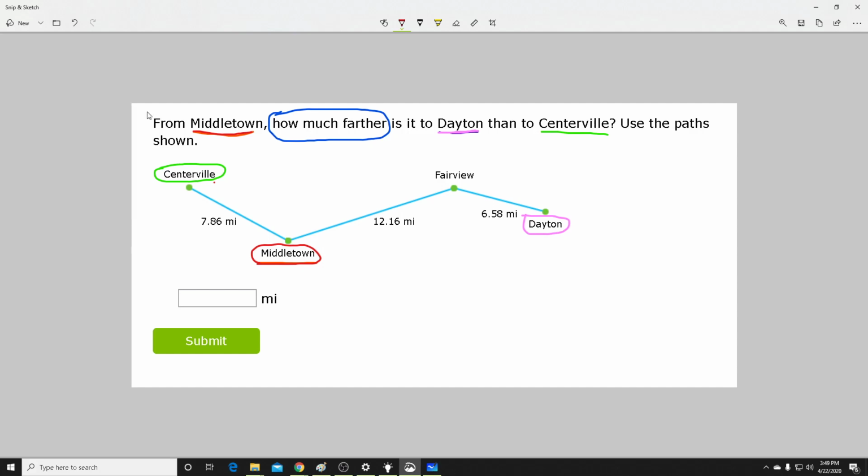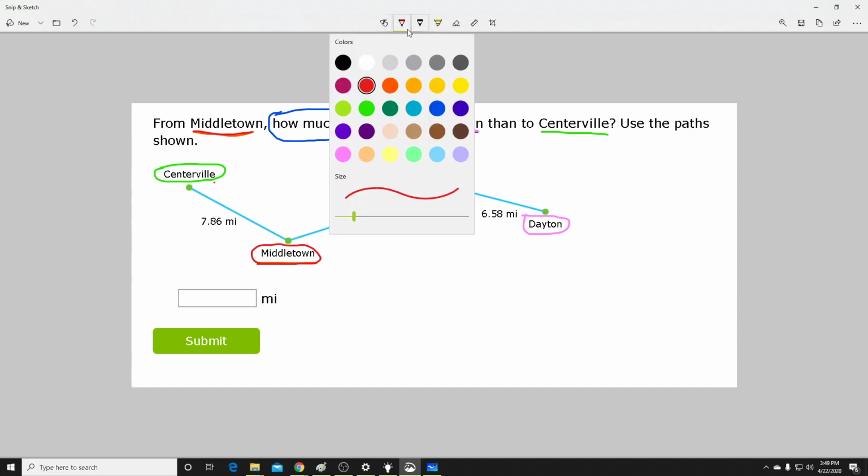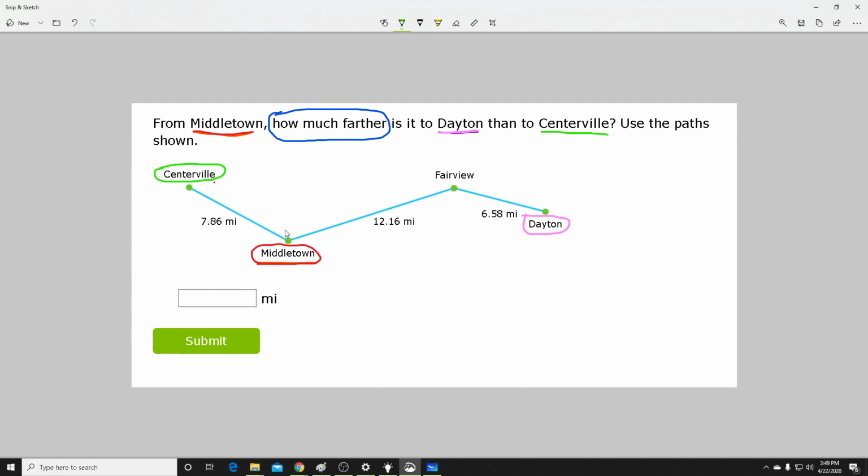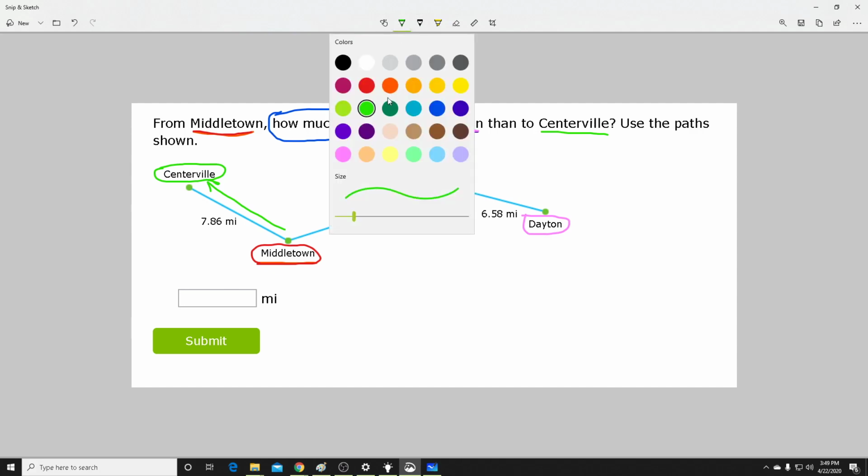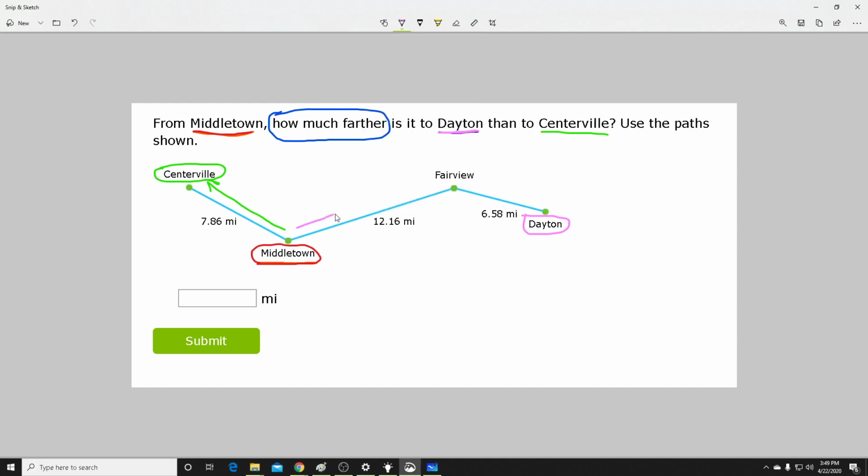That's where we're starting, from Middletown. So we're starting here. We know to get to Centerville, well, that's easy. That's just here to here. But to get to Dayton, that's a little different. We have to go over here and then over here.